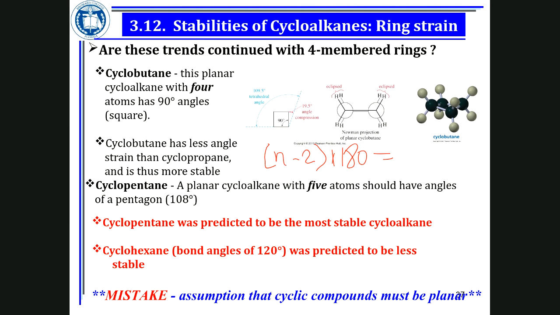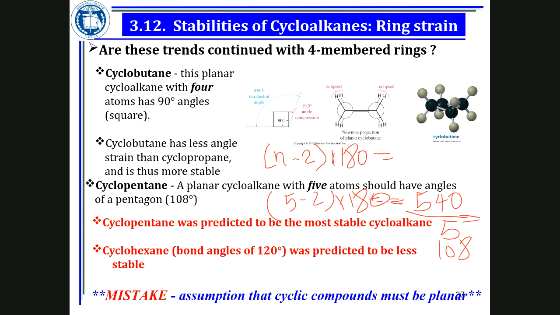So if we have 5 sides, it is going to be 5 minus 2 times 180. That's 3 times 180. What's 3 times 180? 540, right? 540, that's the total. How many angles do we have for this cyclopentane? 5, and then you divide this by 5, and you get 108. That's how you get your 108.